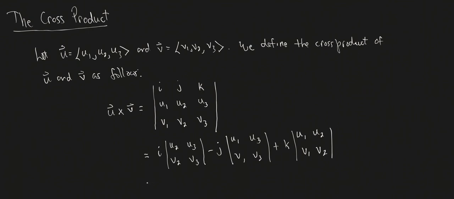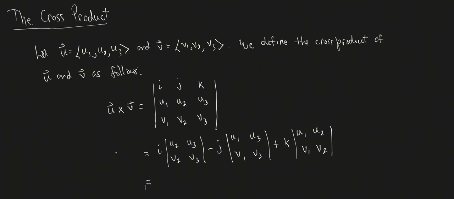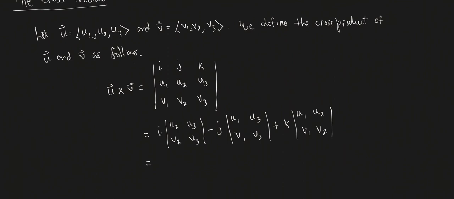All right, and then to finalize the expression, we use our 2x2 determinant formula. I'm going to put the number in front of the I, because that's how we usually express the vector, right? We put the component in front of the standard unit vector. So here we will have U2V3 minus U3V2, that quantity times I. So this quantity is the first component of the cross product.